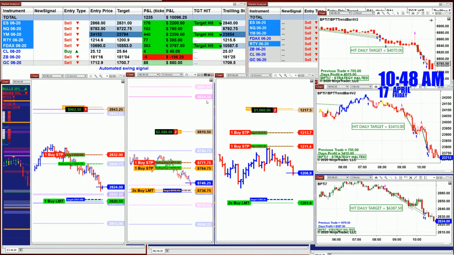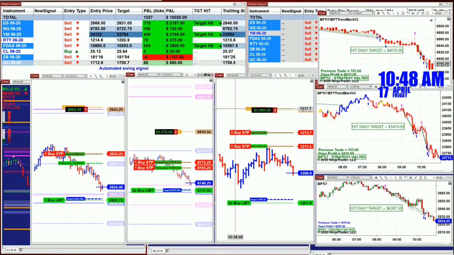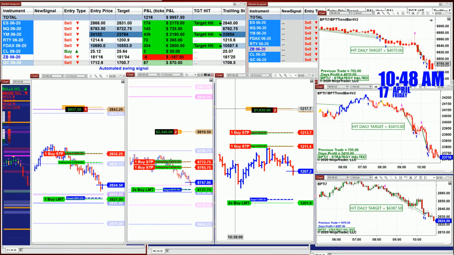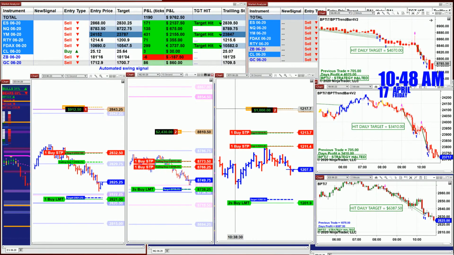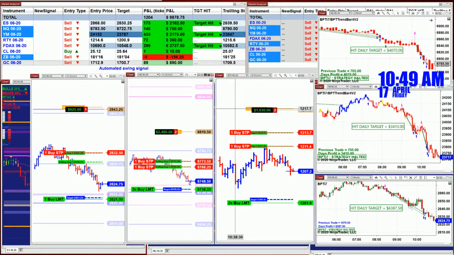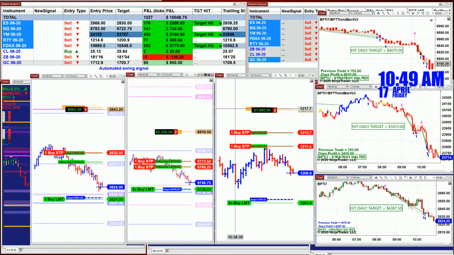And if it thinks the market is going to give more, it's going to extend the target. And then if the market did not come to the target, then the target chases the market. And tell me where you can find an auto trade that can do that. Really. Where? There is no auto trade in any platform that can do that. There is none.